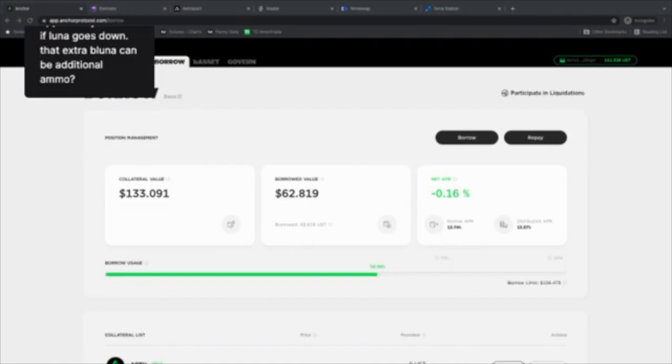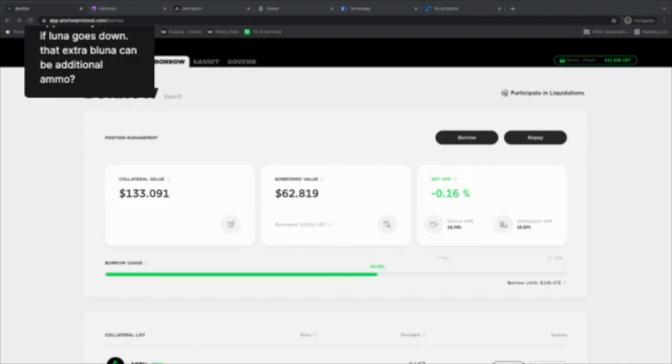I'm just going to recap real quick what we've done, just so we all re-baseline. We started with Earn. We showed people how to earn. We bought bLuna. We explained why buying bLuna is better than Luna, with the discount. From there, we added that bLuna as collateral on the Borrow.